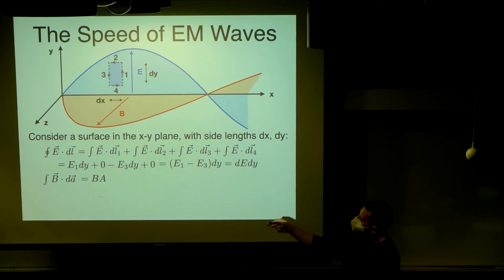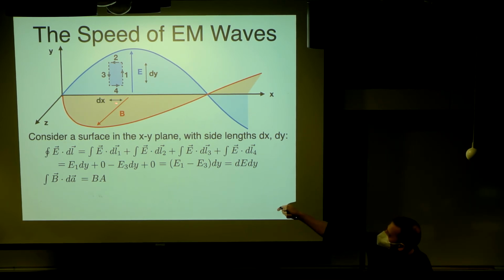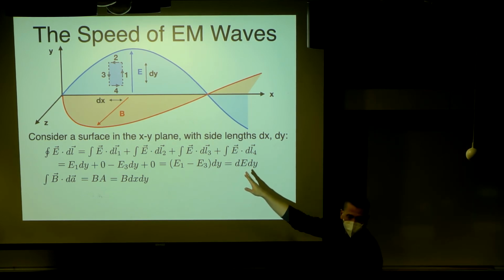And can anyone tell me what the area of that loop is? How would I express the area of that loop? Yeah, it'd be dx times dy. It's just a rectangular area. It's like length times width, right? So that's B times dx times dy. So I have the E dot dl part. I have the B dot dA part for this surface.